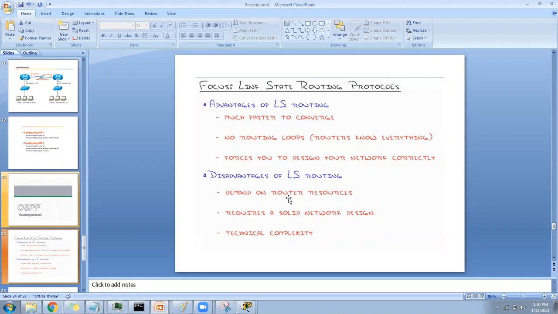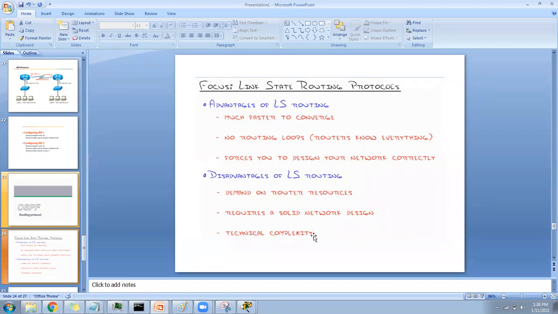What are they? Demand on router resources, because it continuously involves routers sending packets, so router resources will be utilized. It requires a solid network design and has technical complexity.